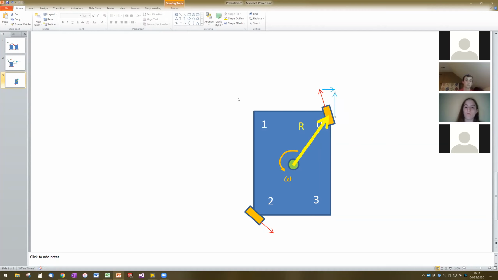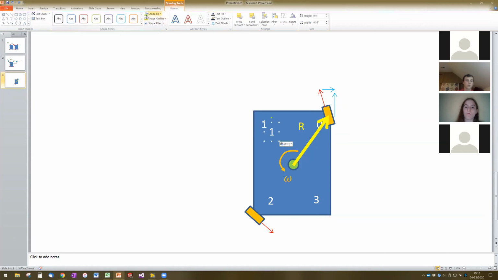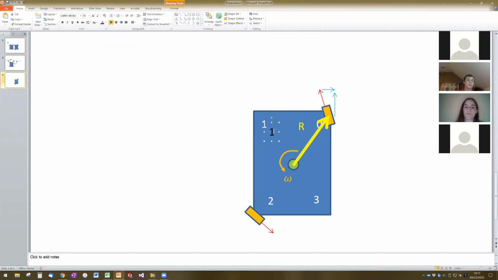So if we've got the dimensions of the robot here, some width of the robot and some length of the robot, does anyone know what the perpendicular distance is from the center of the robot out to this x component of the rotation velocity vector?